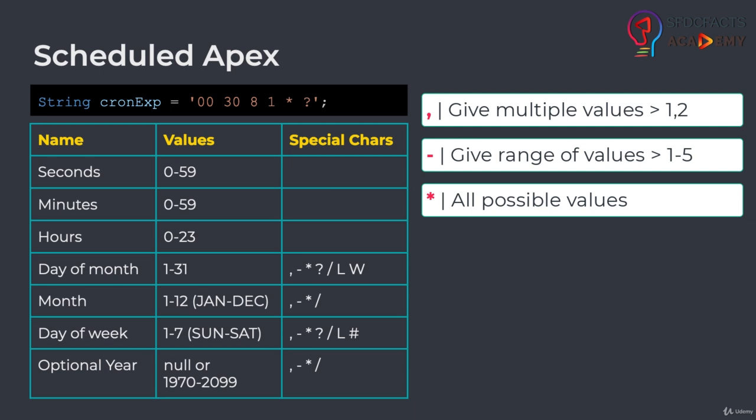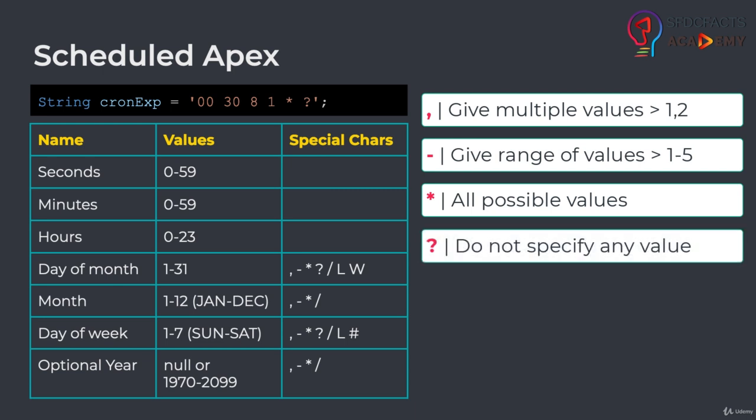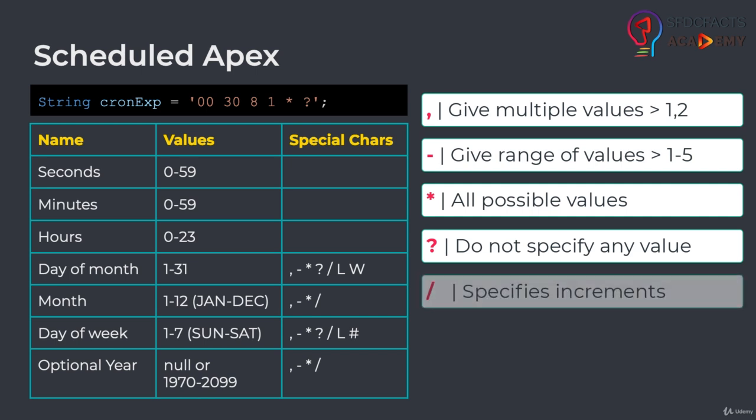So in this case, the job will execute on all the days of a month. We can use question mark as well, which means that you do not want to specify any value for this parameter. This is something that we use when you use either day of month or day of week. We can also use slash, which is used to give some kind of counter.